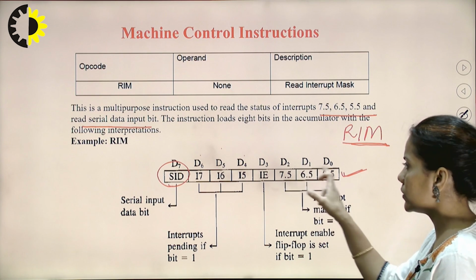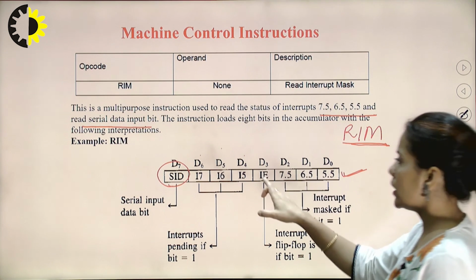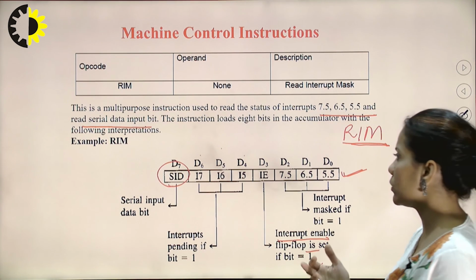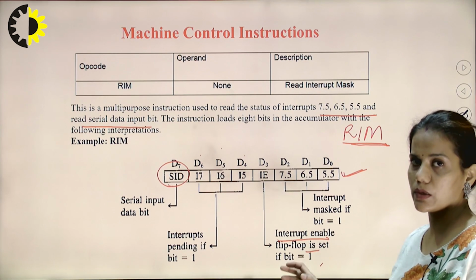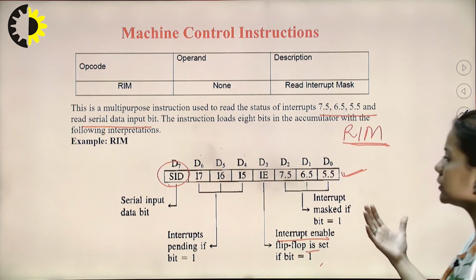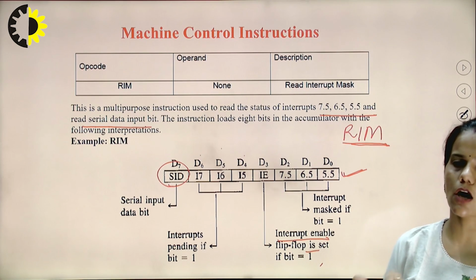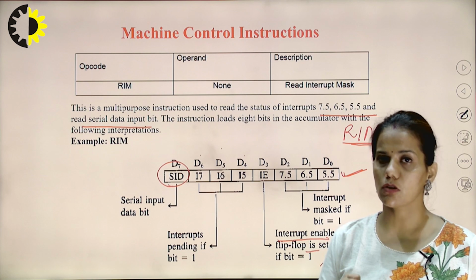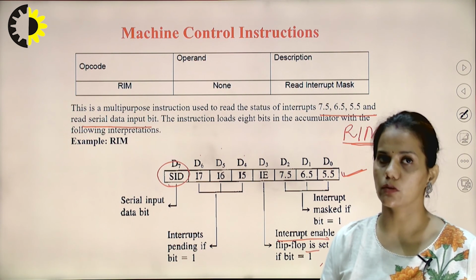If any of these is 1, it means that particular interrupt is masked, otherwise not. E is the interrupt enable flip-flop. If this is 1, it means the interrupts are enabled, otherwise not. So to read this condition, you have to read the contents of the accumulator after the execution of the RIM instruction. So this is how RIM and SIM work and tell us the conditions, or allow us to set the conditions, for interrupts, according to the accumulator.